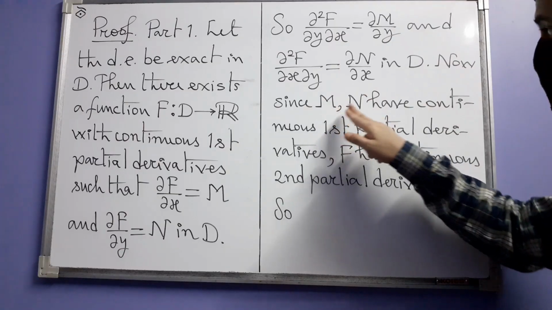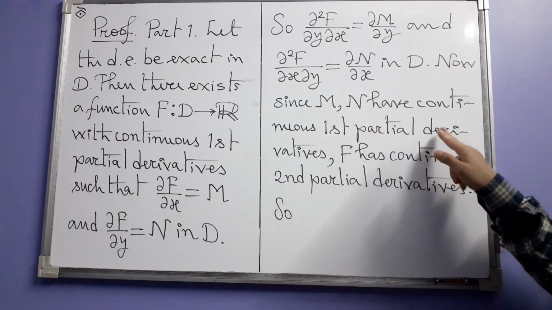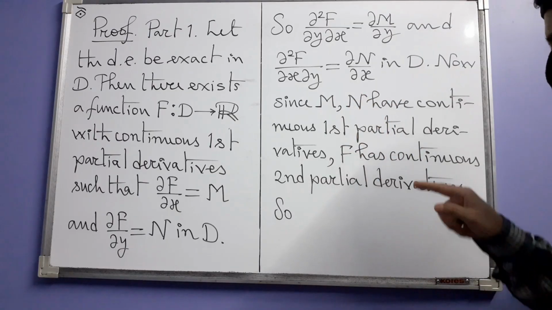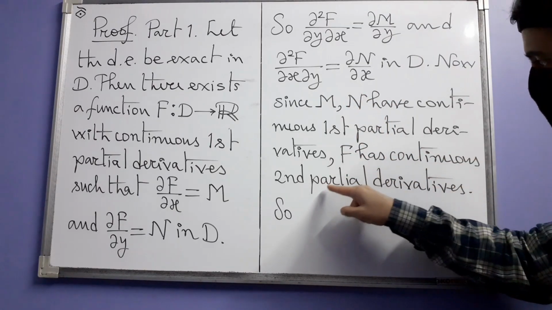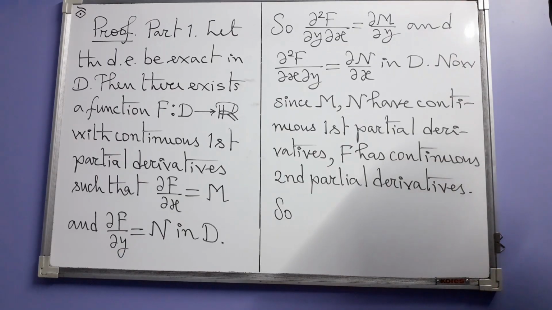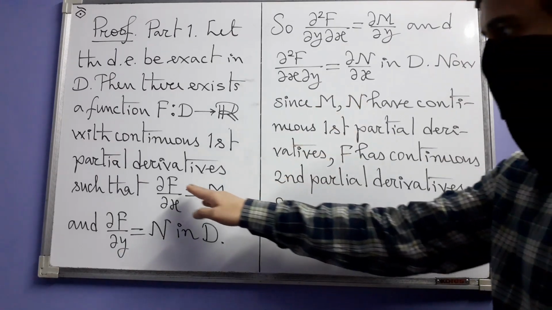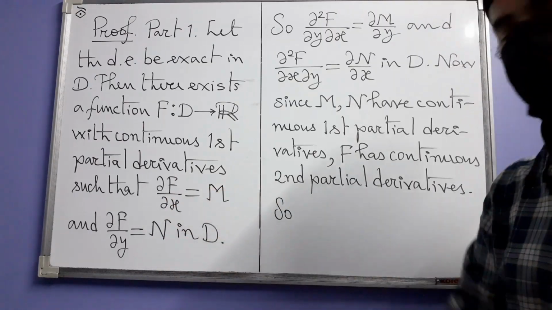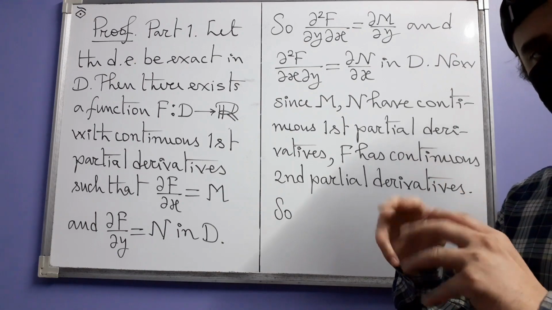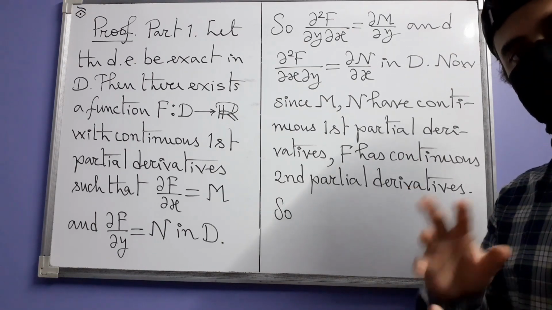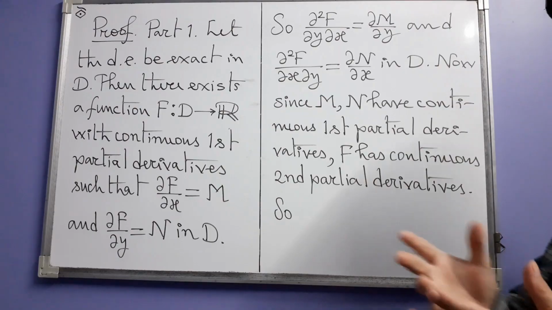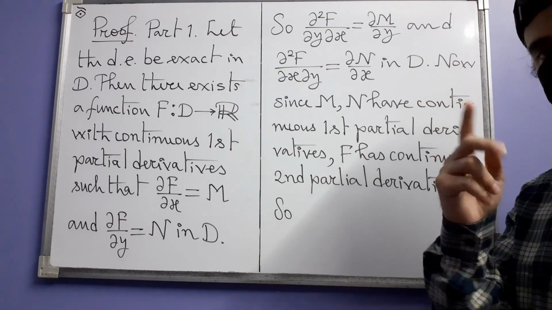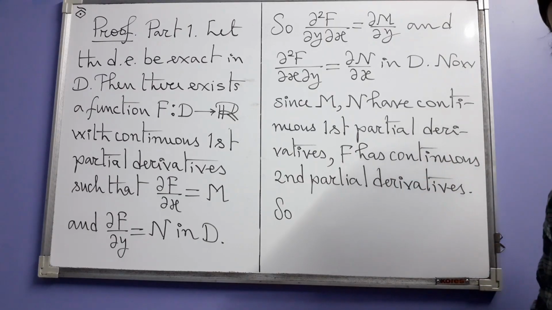Now, since M and N have continuous first partial derivatives, in fact this is the condition on M and N, obviously f has continuous second partial derivatives, because already the first partial derivatives of f with respect to x and y are M and N. So if M and N themselves have partial derivatives which are continuous, then f can be differentiated partially 2 times, and those second derivatives would also be continuous.